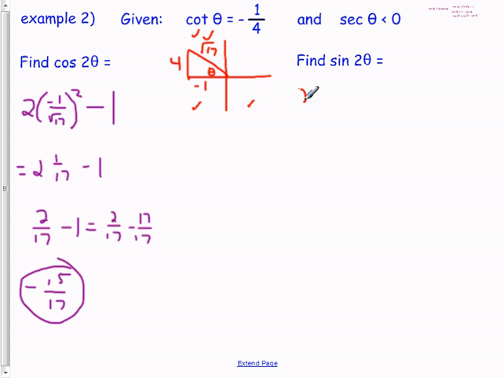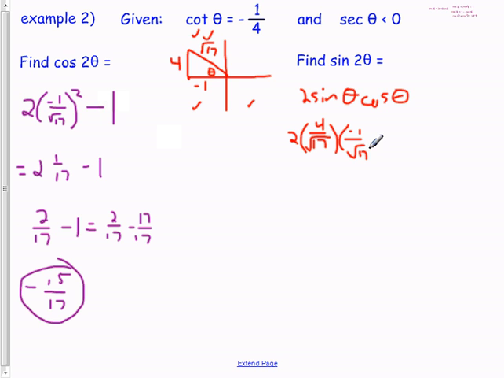Alright, now a sine. 2 sine, cosine. Unfortunately, there's no options other than that one. So I'm going to take a 2. I'll multiply that by the sine, which is 4 over root 17. And then the cosine, which is negative 1 over root 17.